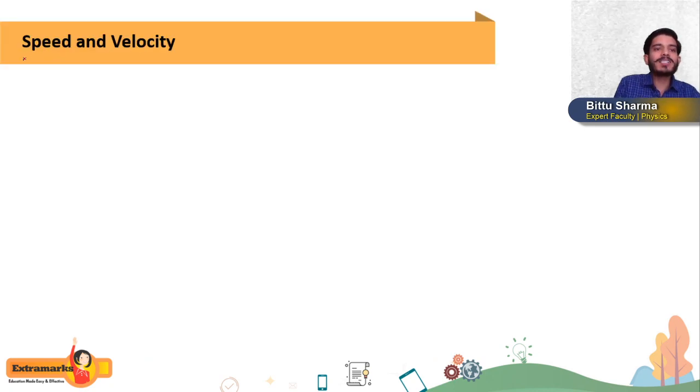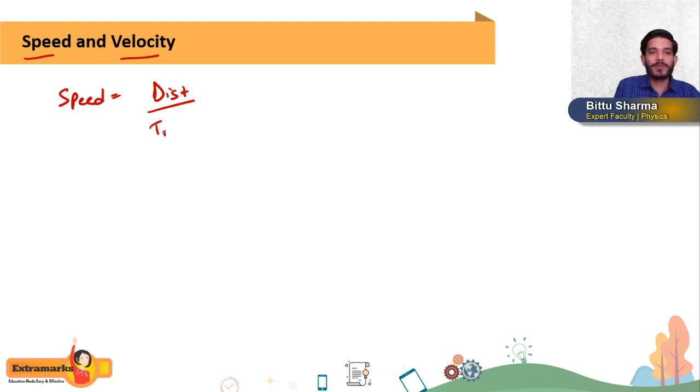The next is speed and velocity. Again, I am not going to tell you what is speed, what is velocity, I'll directly write the formula. Speed is distance by time. And velocity is displacement by time.